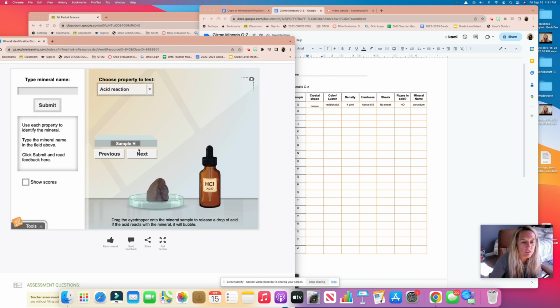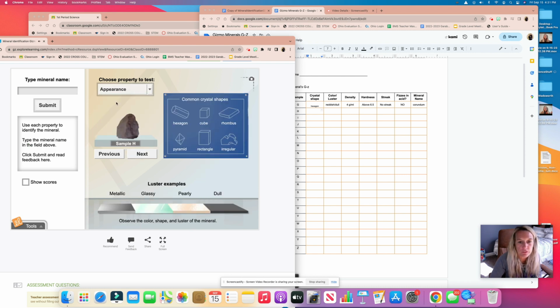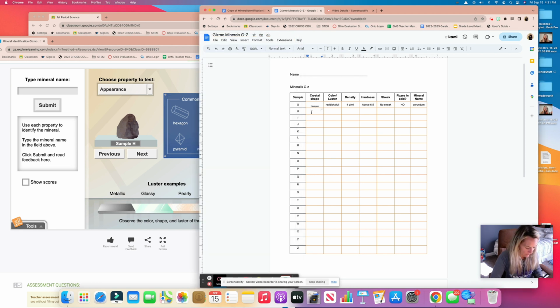All right, moving on to H. Let's start with appearance. So H, I would definitely say that H is irregular, doesn't really fit any of the molds, and it's not metallic. It's definitely like a dull. I would say it matches up over here. So over here, we would say irregular and black color, dull luster.